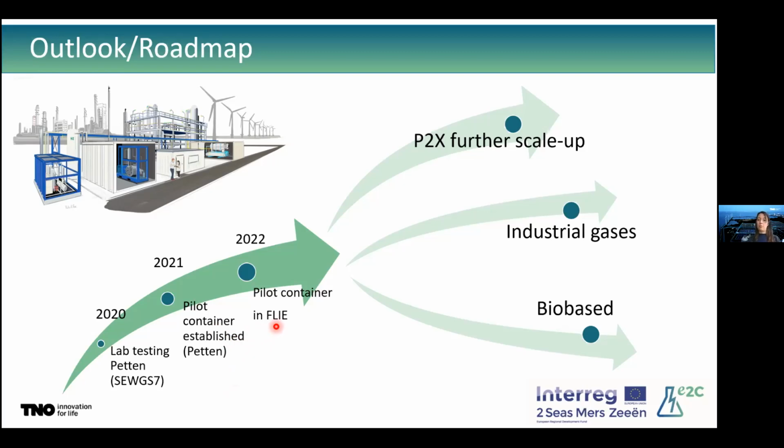And then we would like to investigate further the power to X scale-up case. We will also like to use really CO2 gases from the industry, for example, bio-based CO2 gases as well.